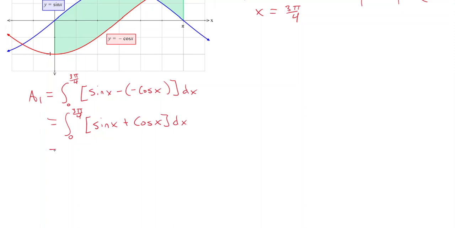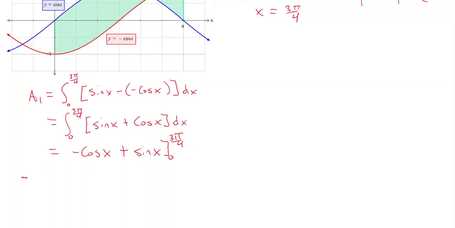The integral of sin x is negative cos x, plus, and then the integral of cos x is sin x. And that would be from 0 to 3 pi over 4.